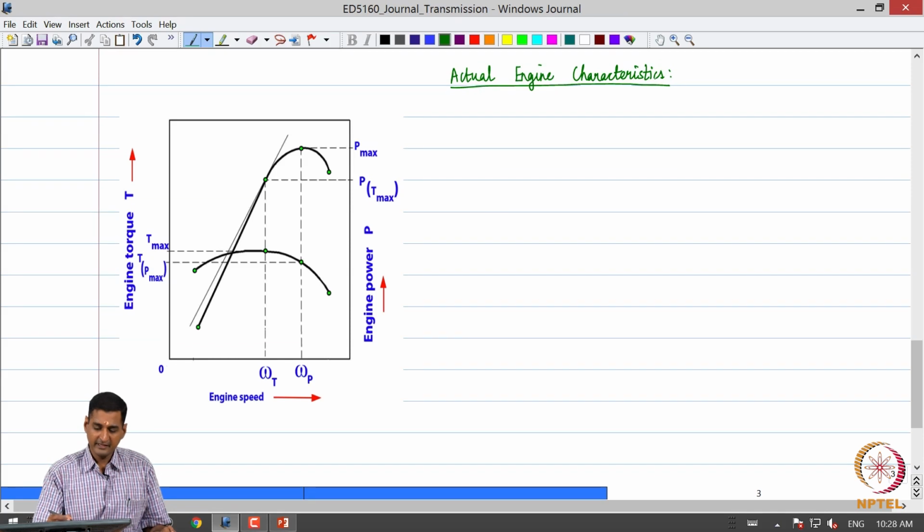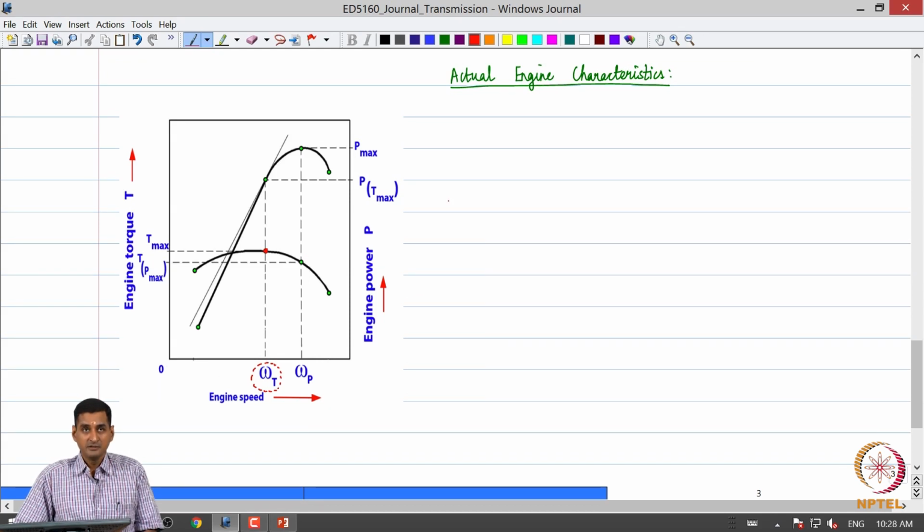The torque output is first going to increase with speed and then reach a peak at a speed which we are labeling as some omega t, and beyond that the engine torque starts to fall.